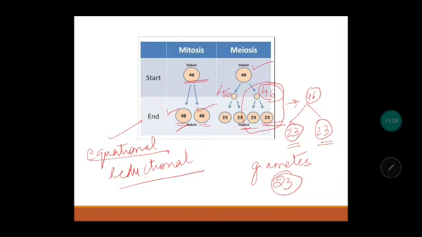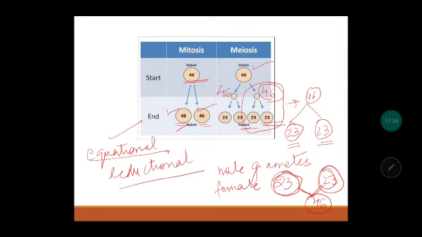Now can you think why the number of chromosomes in gametes should be half? Because suppose a gamete is produced in the male and also in the female, and these gametes have to fuse during reproduction. If this is the male gamete and this is the female gamete, when they fuse during reproduction, what will they form? They will form a cell having 46 chromosomes.